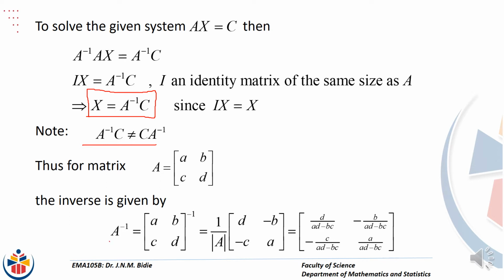In order for you to get A inverse, you multiply by 1 over the determinant of A matrix where you've interchanged A and D and changed the signs of B and C. Multiply out, and then you'll be able to see that you've got D divided by AD minus BC. Just remember that the determinant of A is AD minus BC. So each and every term of this matrix, which we call the adjoint of A, will be multiplied by 1 over the determinant of A.